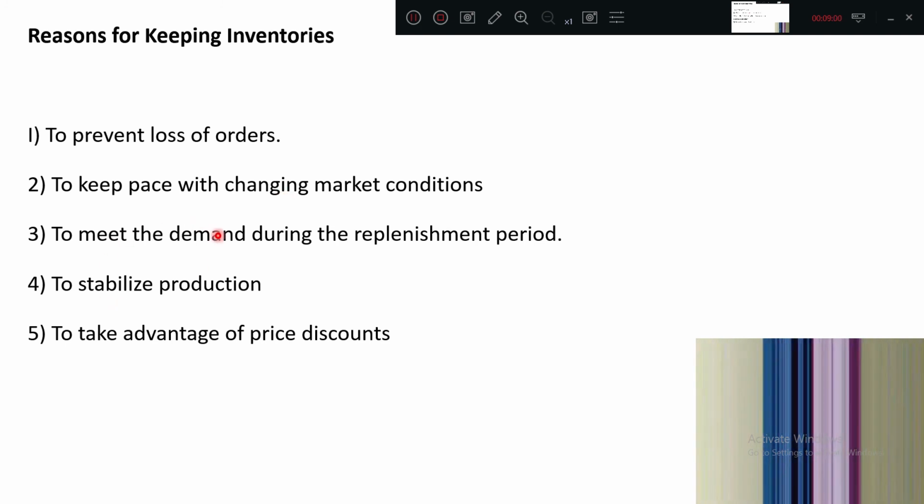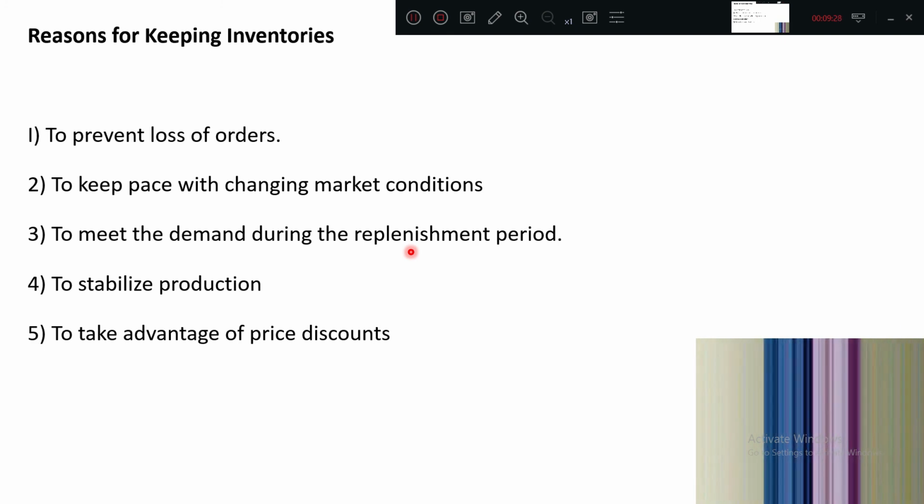To meet the demand during the replenishment period. What does meeting the demand mean? When the stock is being replenished, the stock is empty and you are also getting some new material. If you have not kept sufficient inventory stock in your store during the replenishment period, a stock-out will suddenly happen and the total work will get hampered.